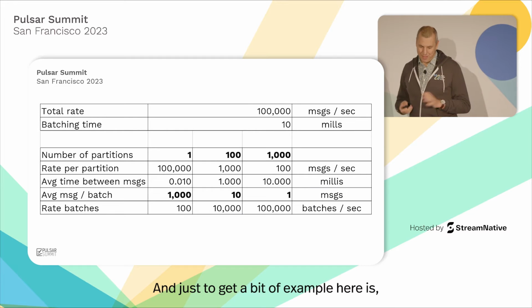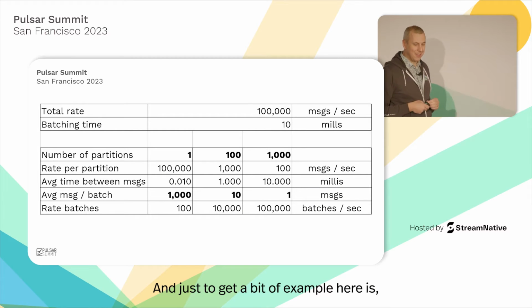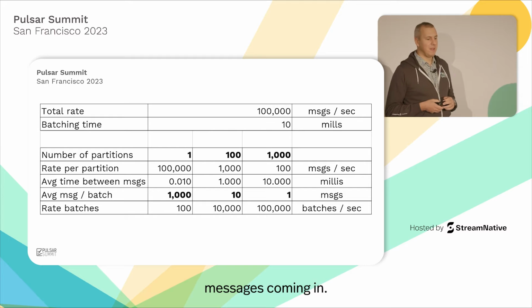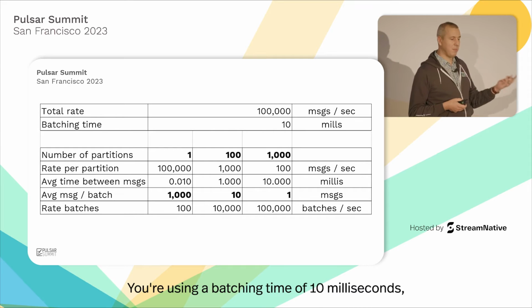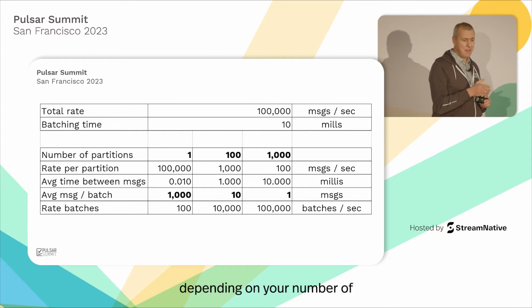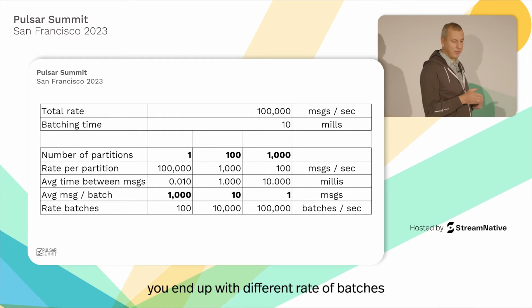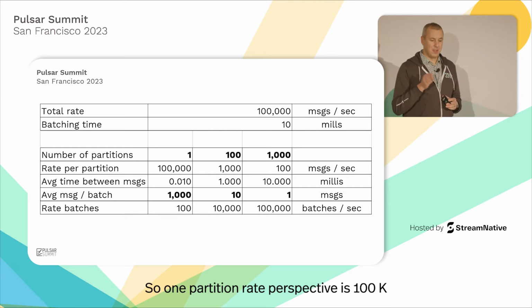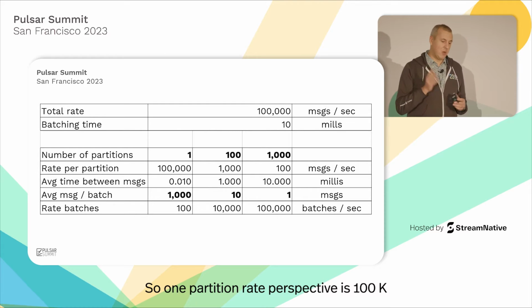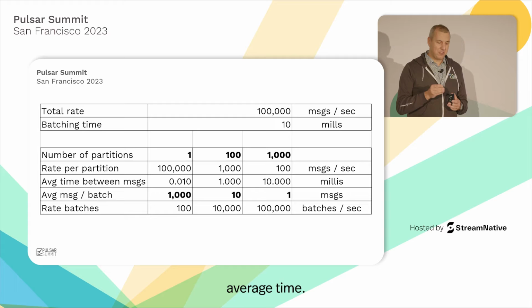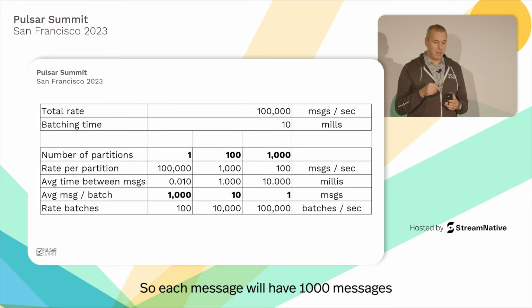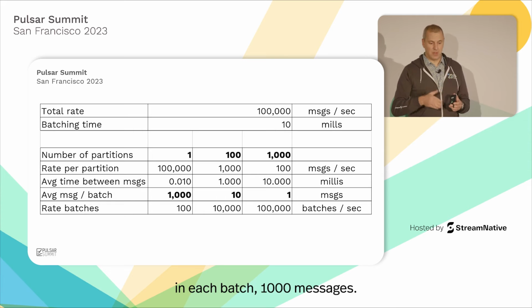And just to give an example here, imagine that you have like 100K messages coming in. You're using a batching time of 10 milliseconds. Depending on your number of partitions, you end up with different rates of batches per second. So with one partition, the rate per partition is 100K, so each batch has 1,000 messages.